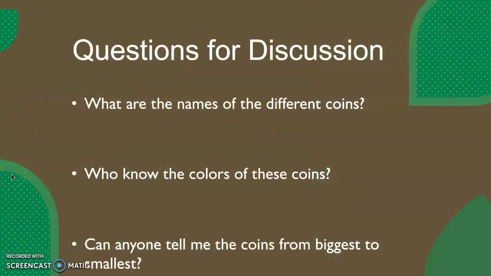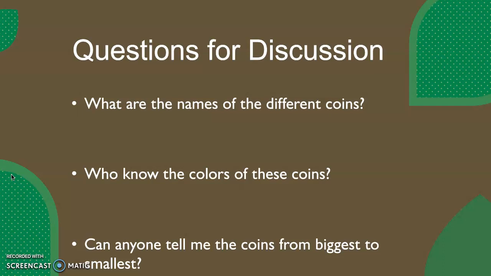Okay, guys, so now I'm going to ask you a few questions just to see how much you all learned. Question number 1. What are the names of the different coins? Yes, they are the quarter, penny, nickel, and dime. Correct. Great job, guys. The second question. Who remembers the colors of the coins?